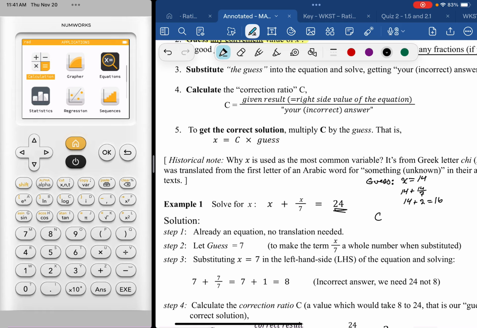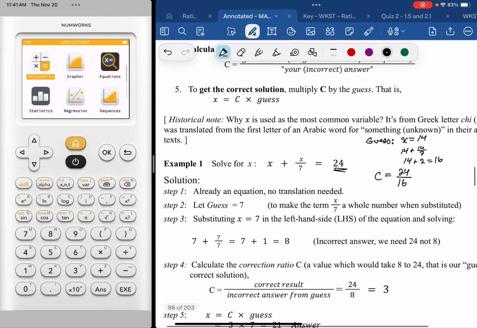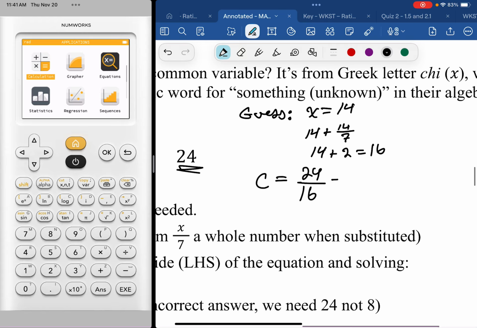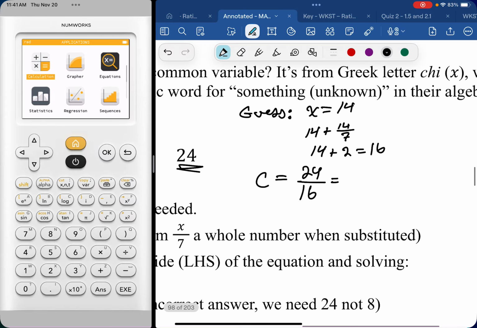So C is going to be equal to 24 over 16. So that 24 over 16 I can reduce, right? It's not as clean as the example that was selected, so we're just going to go with it. But if I reduce this down, top and bottom are divisible by 8, which gets you 3 over 2.